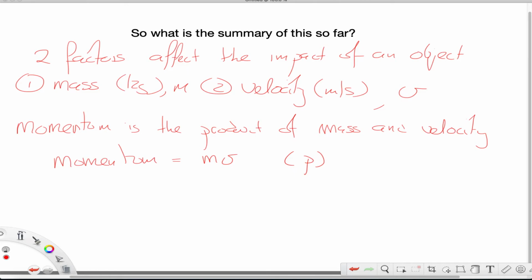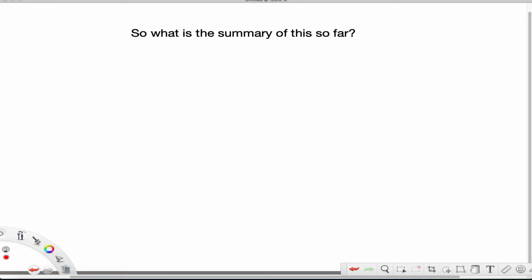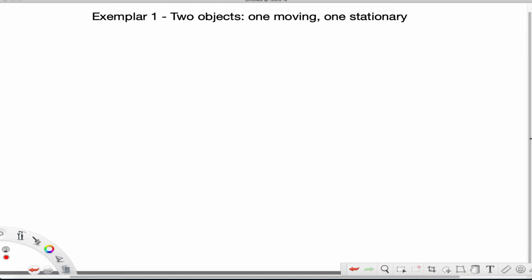So, moving on from that, let's consider an example. Let's say we have this object moving.